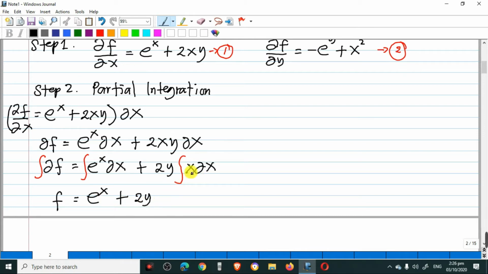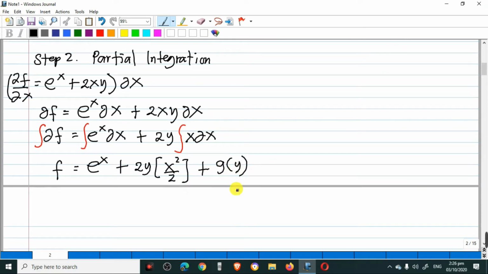Then, find the integral of x, using the power formula. So, just multiply this by its integral, x raised to 2 over 2. That's the power formula. Then, plus, since y here is a constant, you need to add plus g(y). Simplify further.